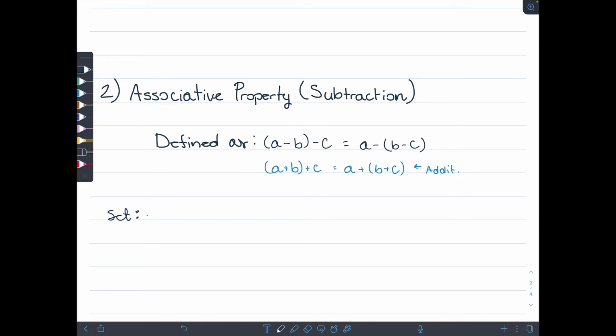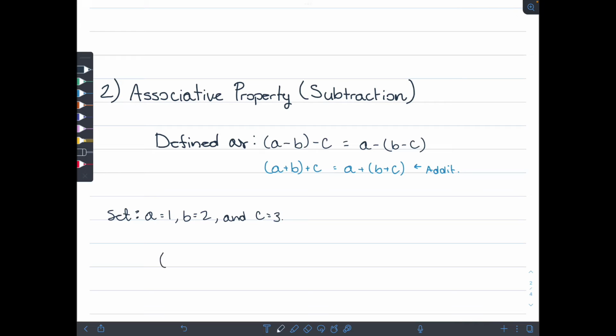Let's set a to be 1, b to be 2, and c to be 3.